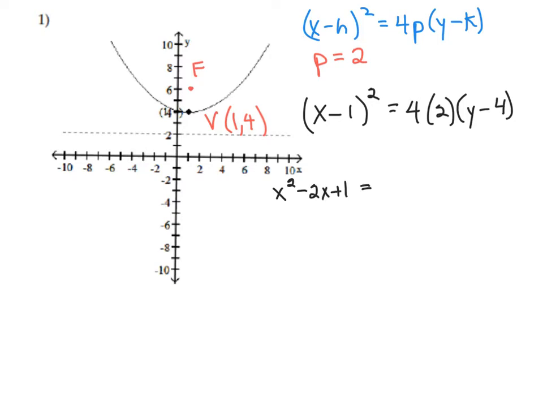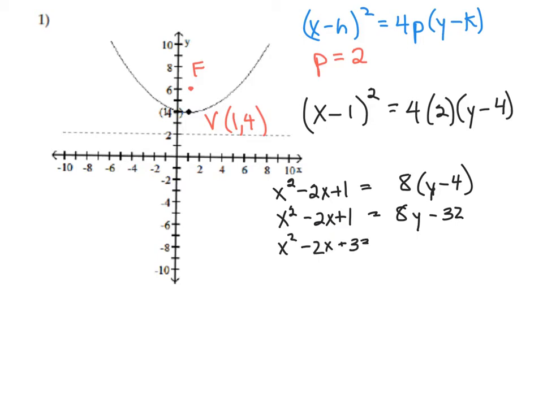On the right side, 4 times 2 is 8, so we're going to multiply 8 times y minus 4. Let's distribute that 8, so x squared minus 2x plus 1 equals 8y minus 32. Add the 32 to the left side, so x squared minus 2x plus 33 is equal to 8y.